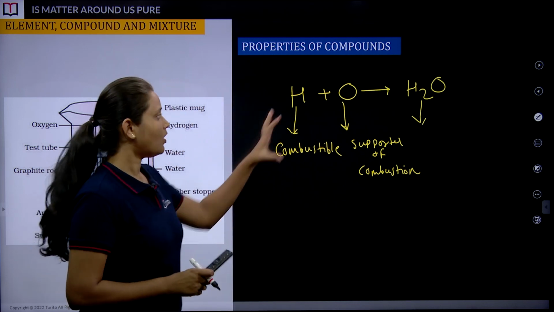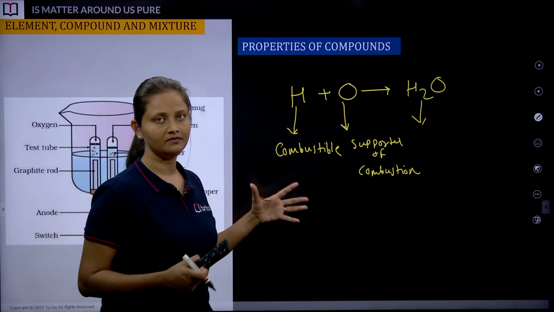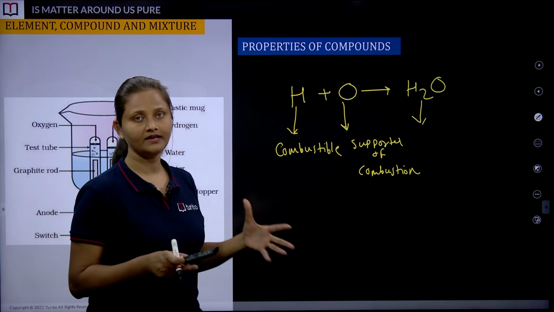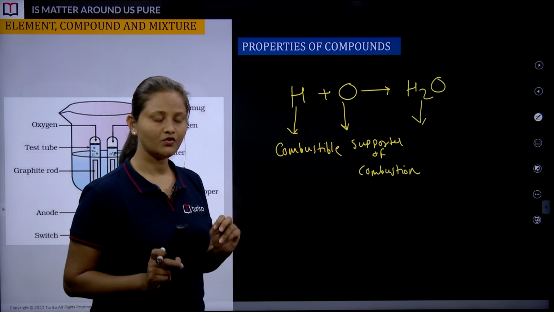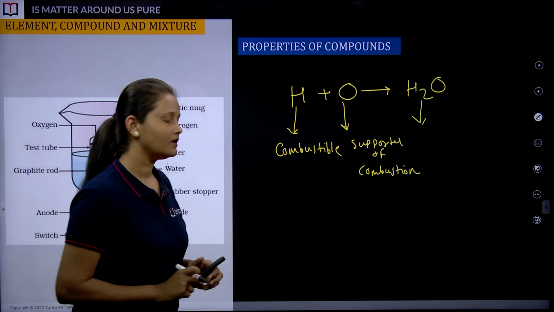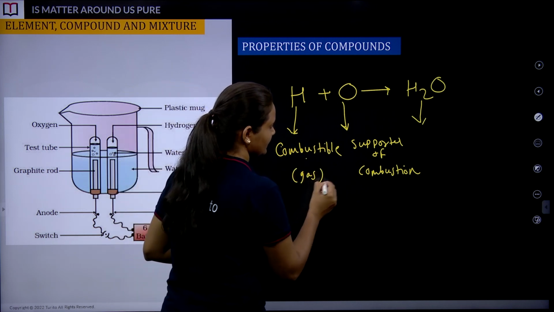That's why we say oxygen is a supporter of combustion, and hydrogen can burn with a pop sound. It can combust. So these are two different properties of these two different elements. Again, I would like to mention their physical state, which is the gaseous state.